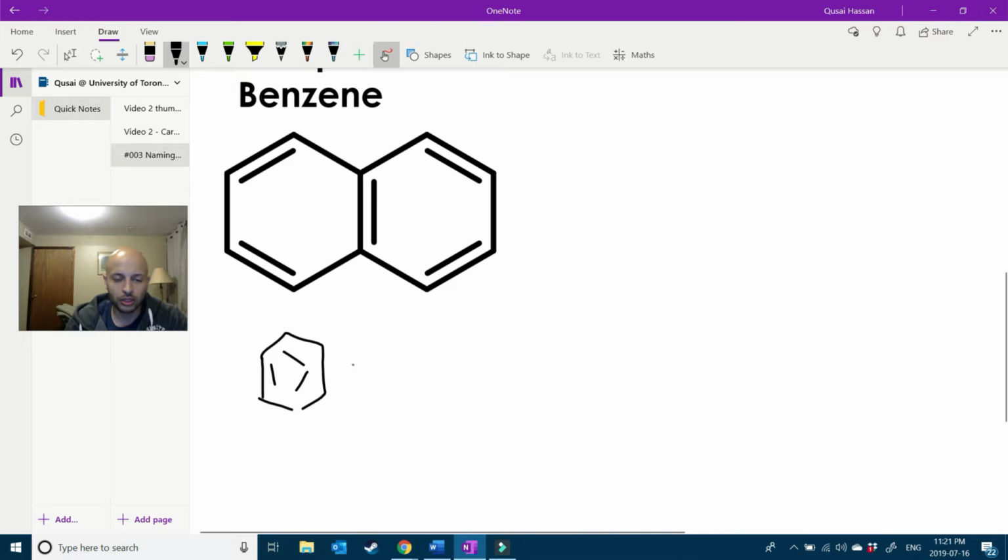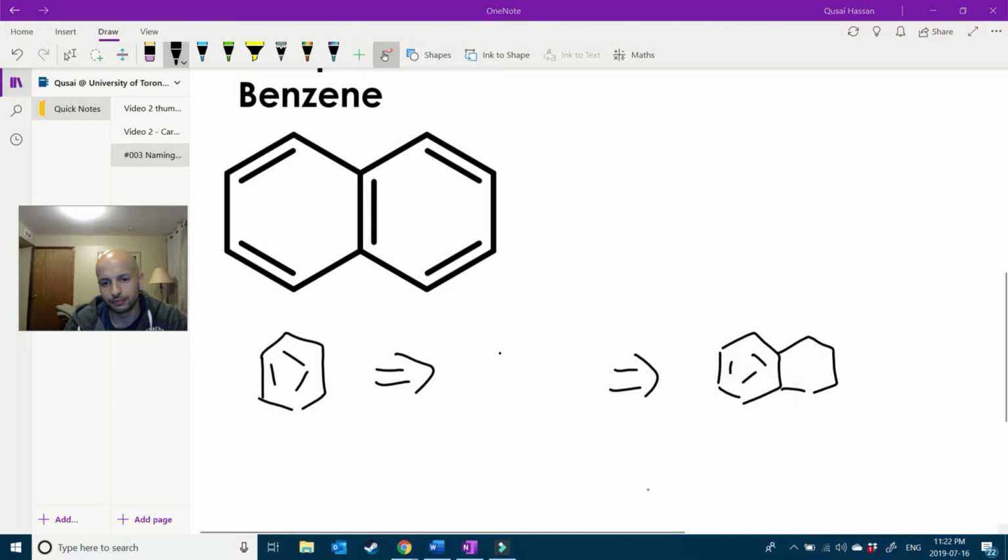Now, usually what you want to do is a retrosynthetic analysis, right? So the way I see it, to get this, which I think is naphthalene, I'm not sure about the name of this compound, but to get this second aromatic ring attached, I would presume that I would somehow have to get to this point here, right?